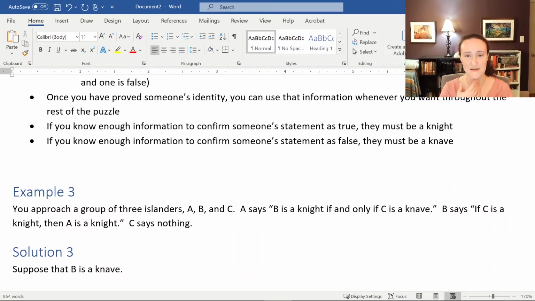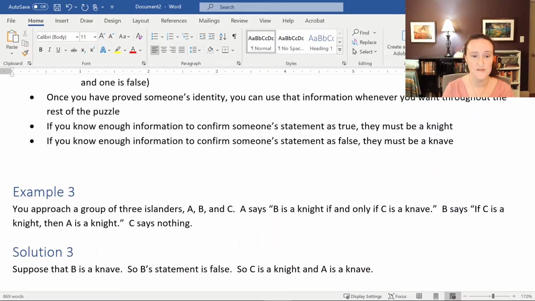So if B is a knave, then B's statement is false, of course. What does it mean for an if-then statement to be false? They can only be false in that one situation when the if part is true and the then part is false. Okay, so when the hypothesis is true and the conclusion is false. So here I've asserted that the hypothesis was true and the conclusion was false.